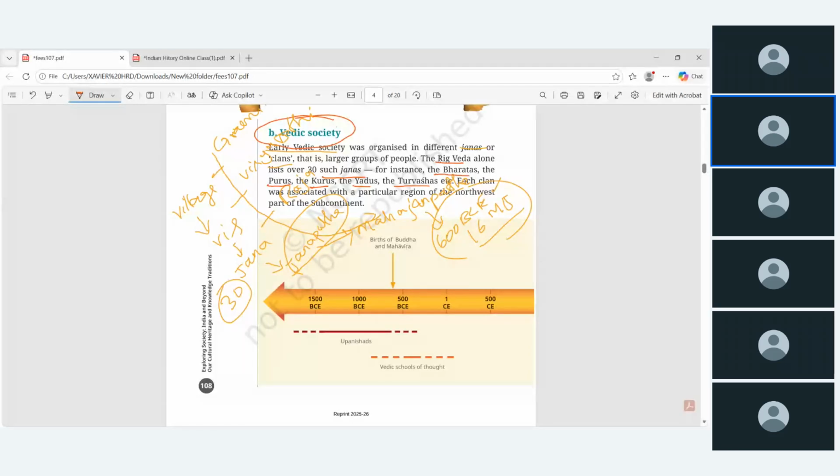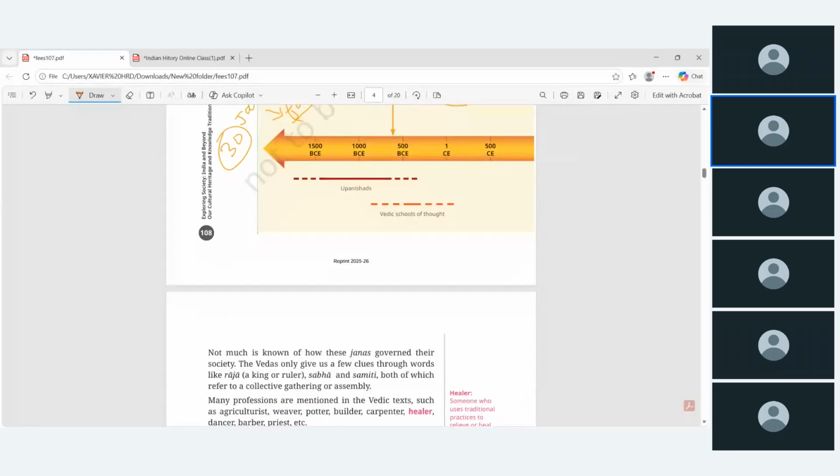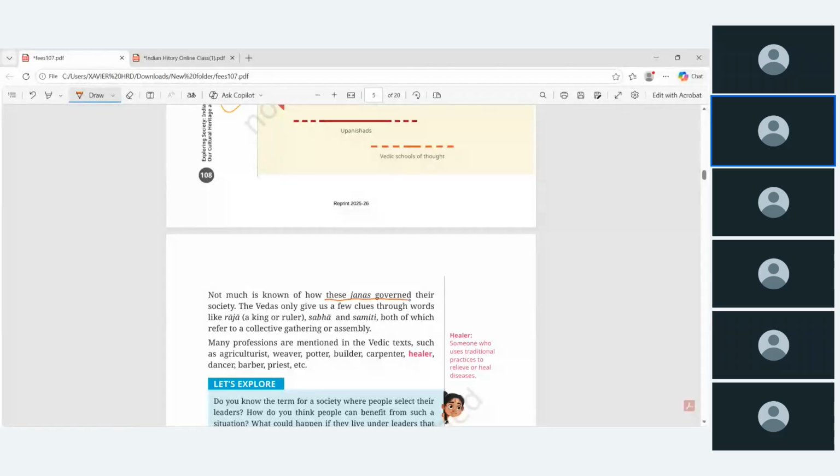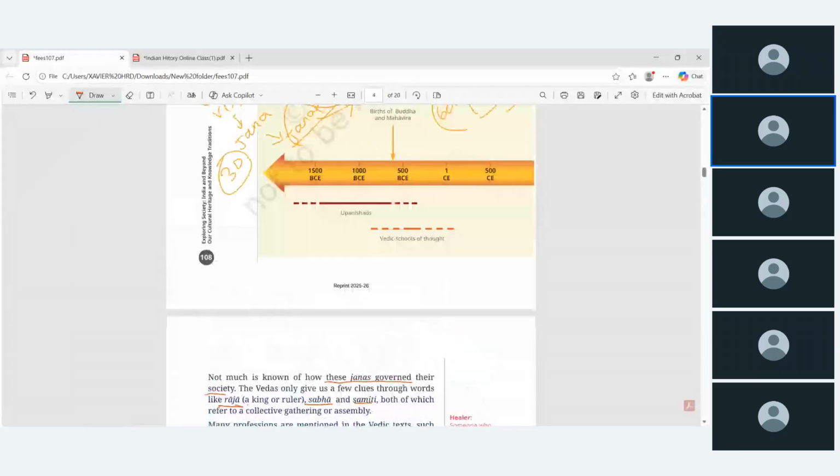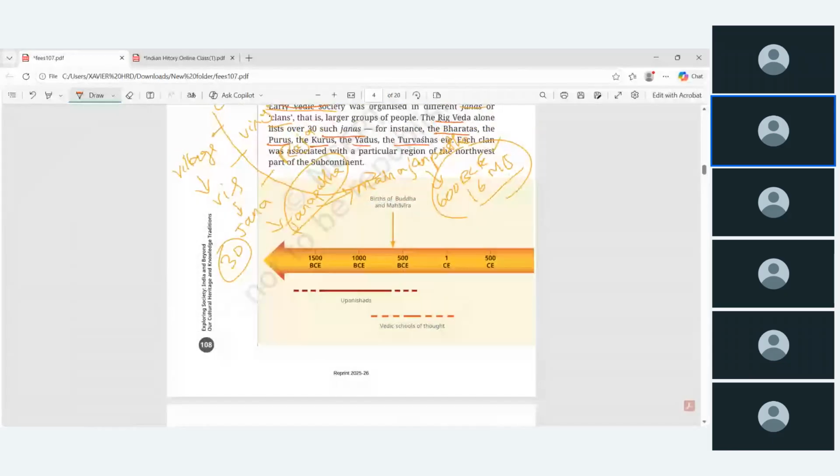Not much is known about how these Janas governed their society, but the Vedas give us a few clues through the word Raja, the king or ruler, and they had a Sabha and a Samiti. During the Vedic period, we do not have proper evidence. A similar thing happened in the Indus Valley civilization also.